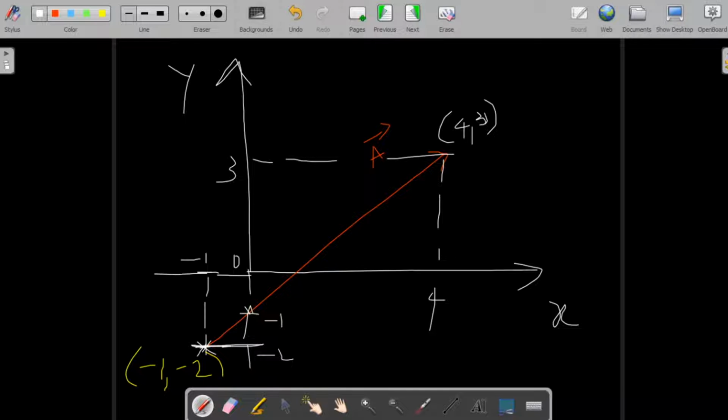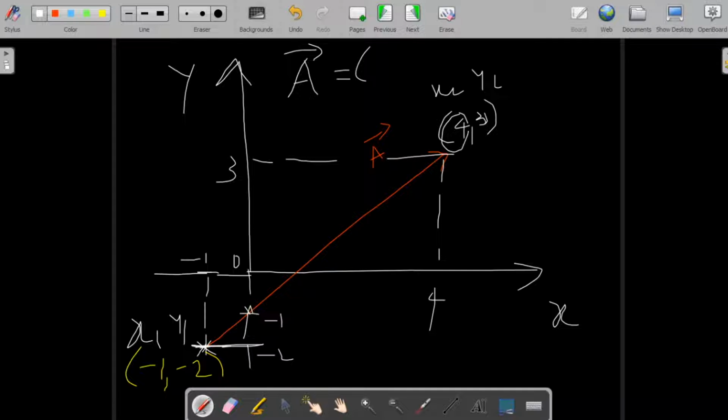Now how do I write this vector? This vector A can be mathematically represented as the end point minus the starting point. Generally, I consider the starting point as (x1, y1) and the end point as (x2, y2).